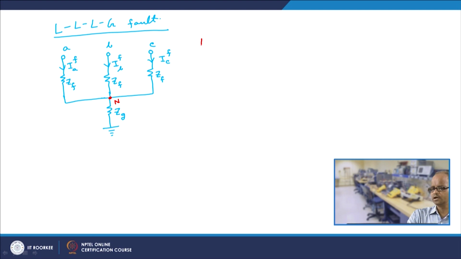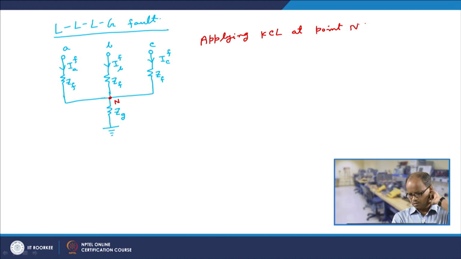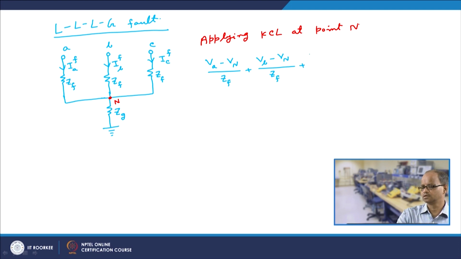Applying KCL at point N, we can write down (VA minus VN) by ZF plus (VB minus VN) by ZF plus (VC minus VN) by ZF is equal to Vn by Zg.